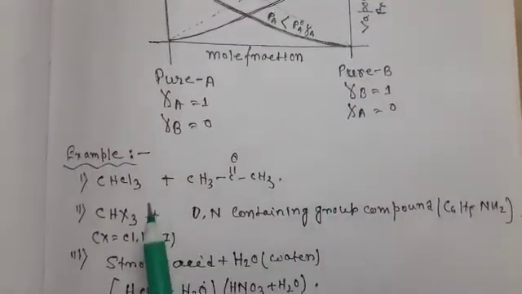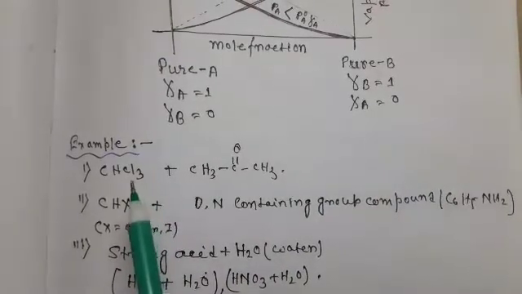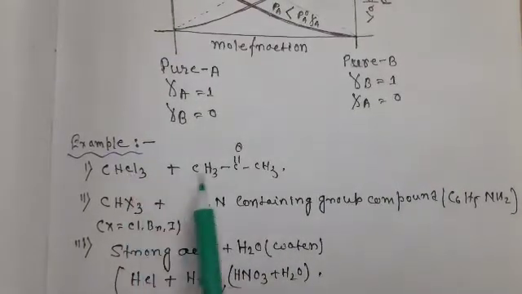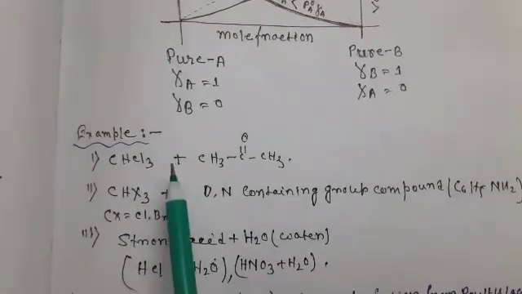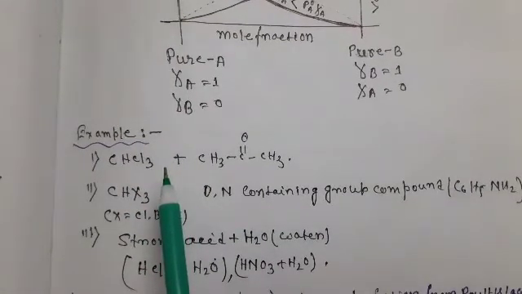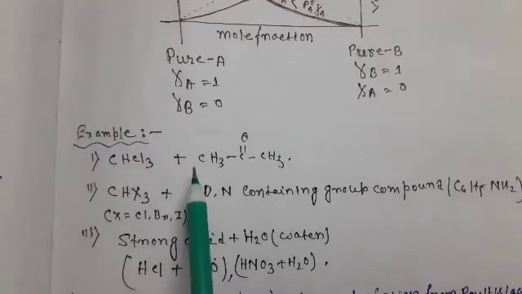For example, chloroform and acetone. Here after mixing the solution, the attraction between these molecules increases due to the presence of hydrogen bonding. We know that for negative deviation in a non-ideal solution, the force of attraction increases.